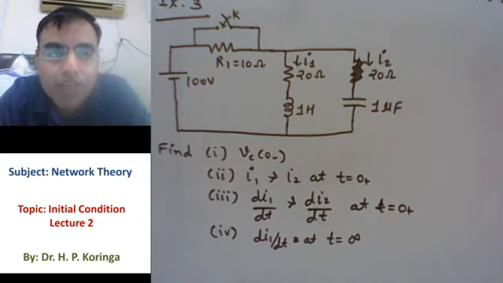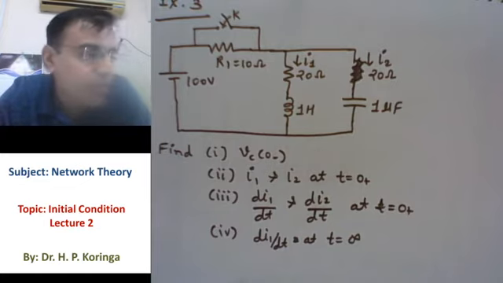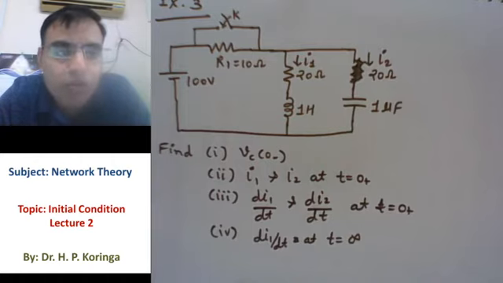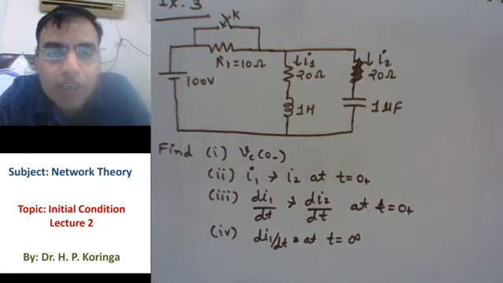So let me draw the network at t = 0⁻ times. Here if we see the switch, it indicates that at t = 0⁻ times the switch is in open condition, right? It is not connected to closed. And the 100 volt source in series with the 10 ohm resistance is connected to the parallel RL and parallel RC networks, and the inductor and capacitor have been connected to this 100 volt since t = minus infinity, right?